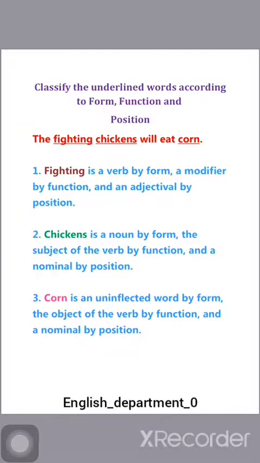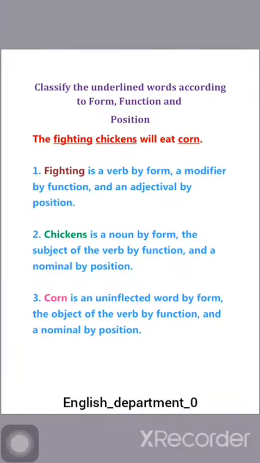Let's start with the word fighting. By looking at the word fighting, we notice that this word ends in ing. So according to its form, we are going to say that it is a verb by form, because remember well we said that form classes are four. They are nouns, verbs, adjectives and adverbs. If the word does not have any of the forms related to nouns, verbs, adjectives or adverbs, we are going to say it is an inflected word.